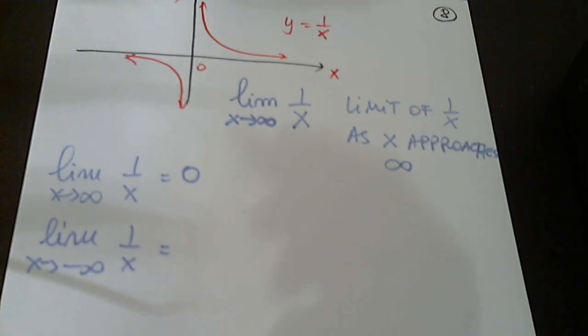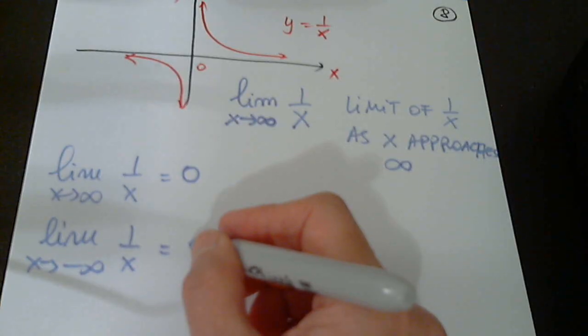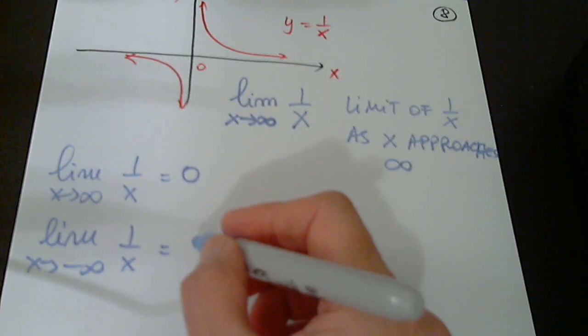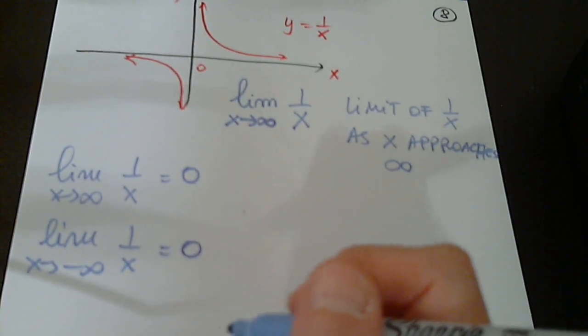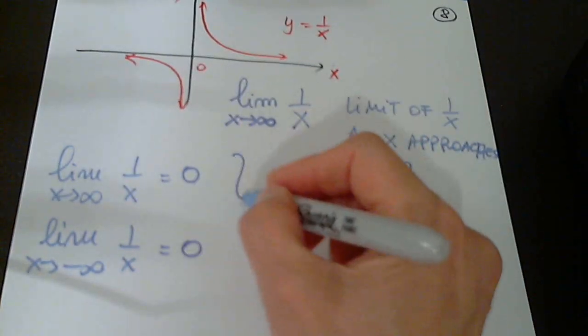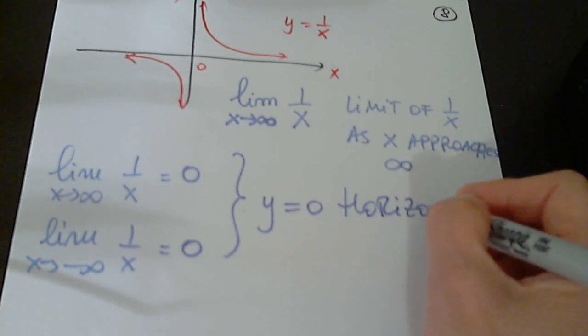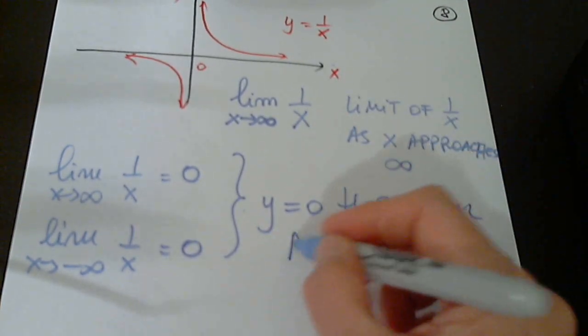The target is, what do you think? 0. Yes, of course. And as you may remember, y equals 0 is a horizontal asymptote.